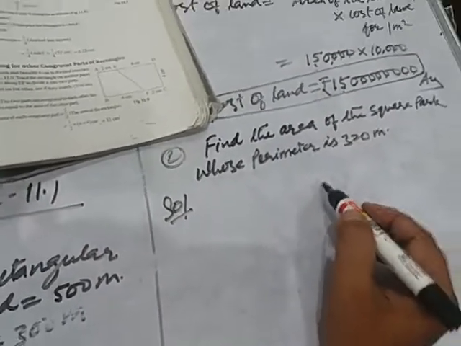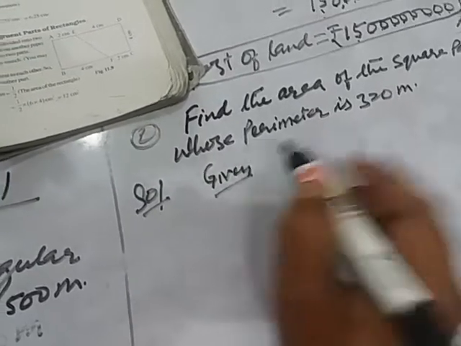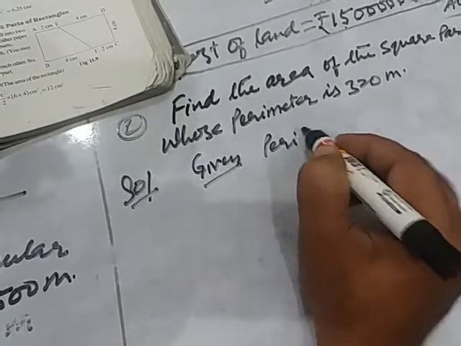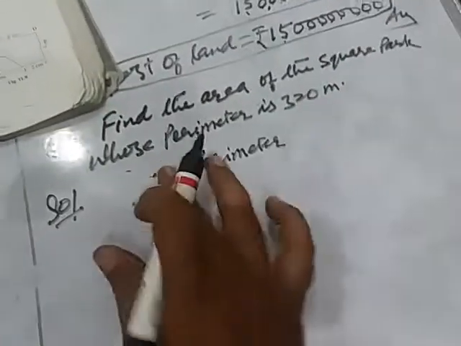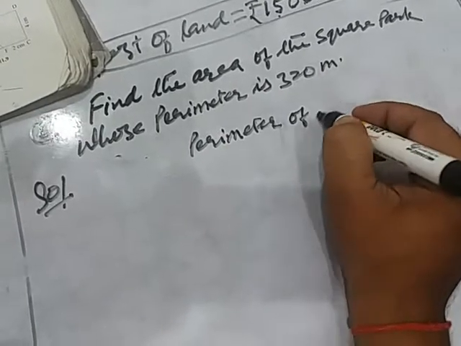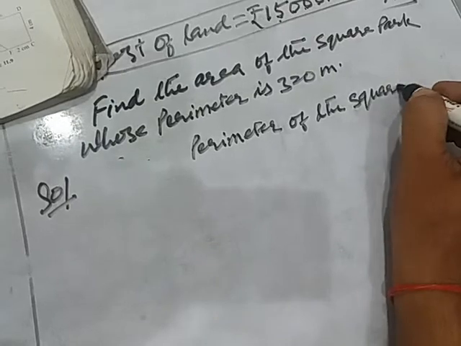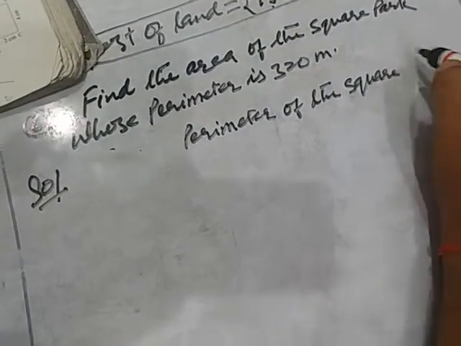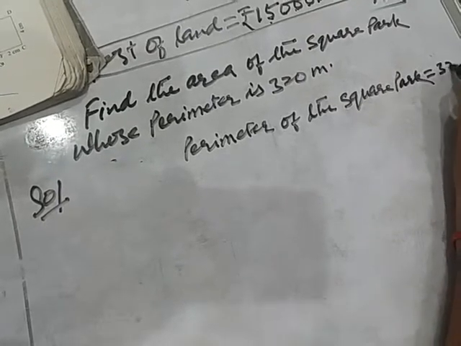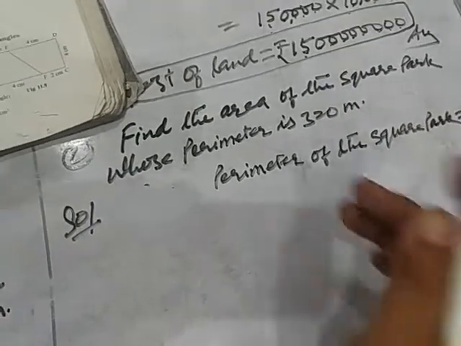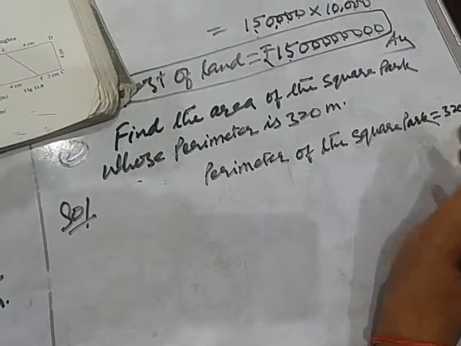Area of the square park, what is given? Perimeter of the square park is given to be 320 meter. We have to find the area of the square. Clear?